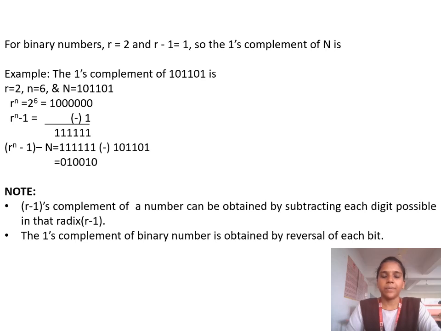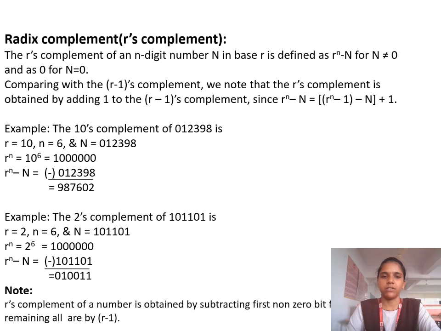The 1's complement of a binary number is obtained by reversal of each bit. It means 1 is reversed to 0 and 0 is reversed to 1.